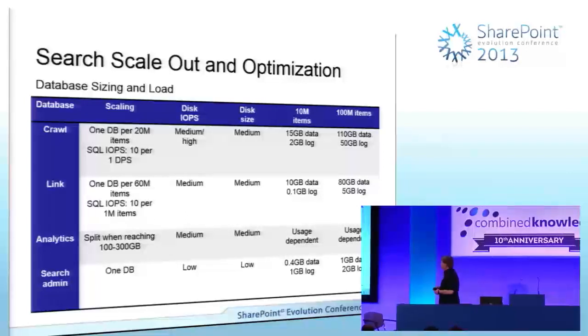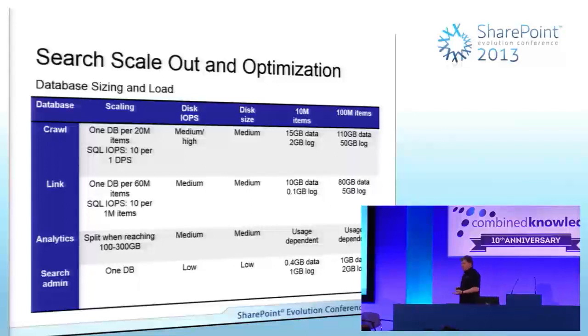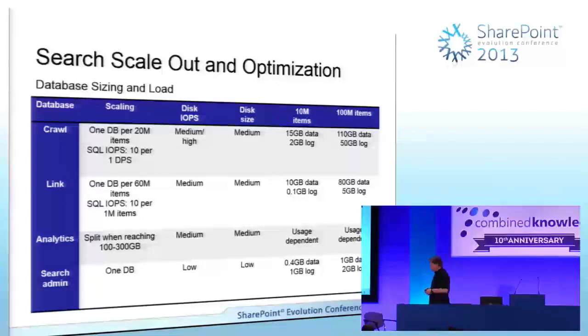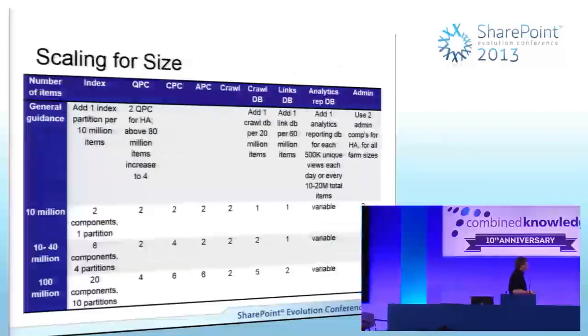So there's less of a footprint these days. As you get bigger, 100 million items, 110 gig. So they can be big. I mean, as we've said, not many people in here have got that many items in their databases. But this just gives you an idea of how big these databases might get, what kind of things you need to think about in terms of provisioning SQL Server for them from a scalability perspective. And admin DB, generally quite small. It's a bit like the config DB, not an awful lot going on in there.